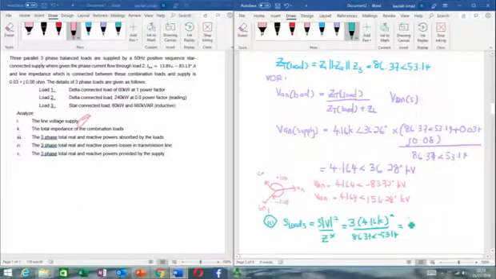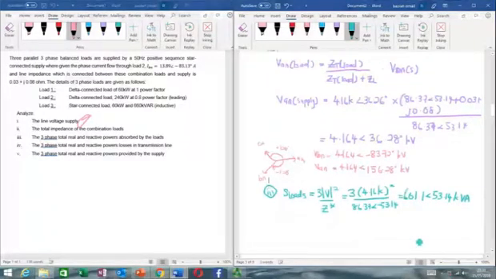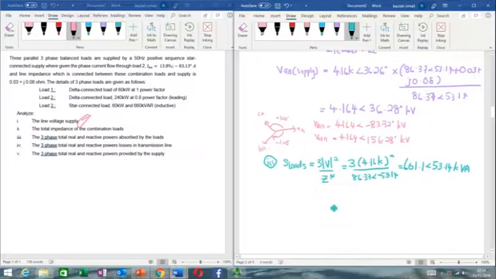Okay, so the answer is 601.1 angle 53.14 kVA. Let me double check. Okay, correct. So we already have the complex power.